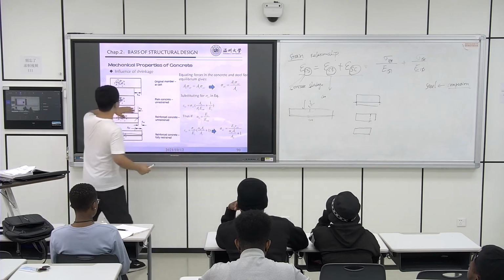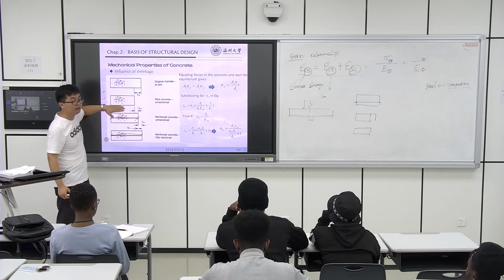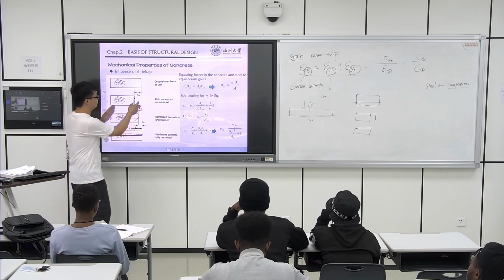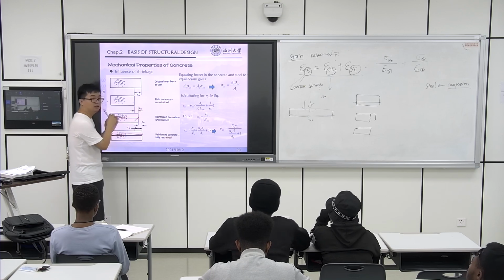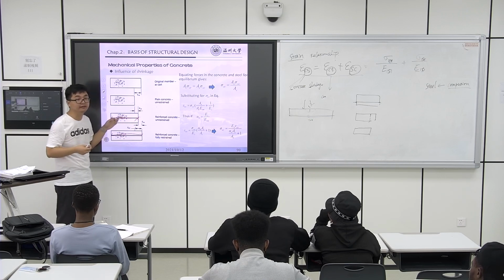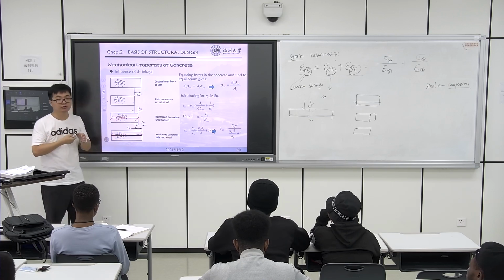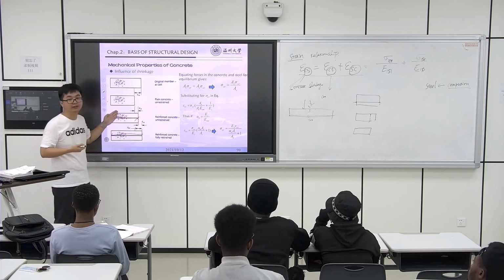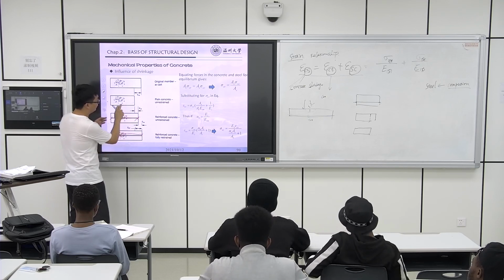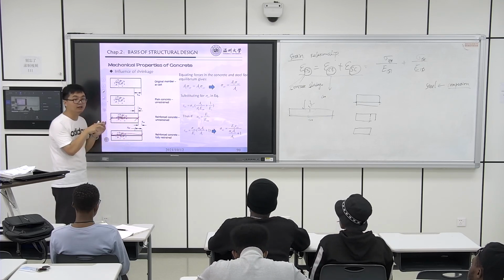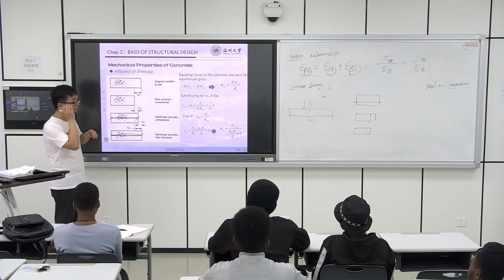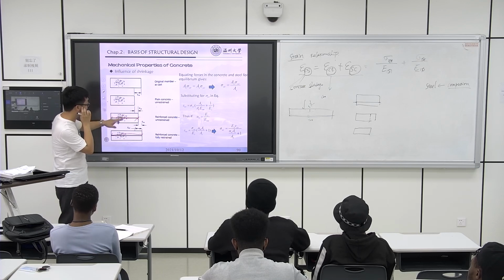But for the concrete, if there is no steel bar, shrinkage will cause this deformation. But because the steel bars exist here, they give a force to the concrete. Compared with before, the concrete is under tension. We need to compare this one to this one.